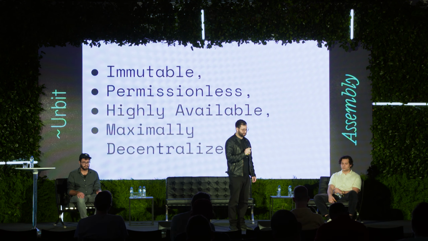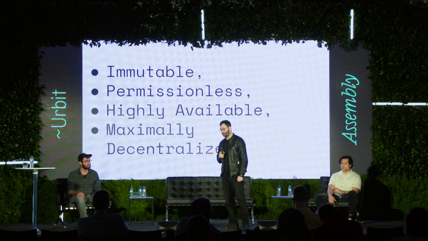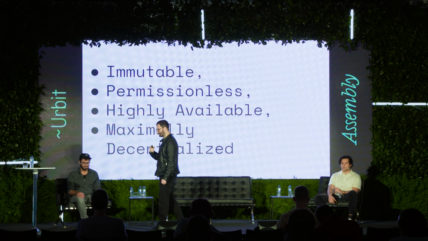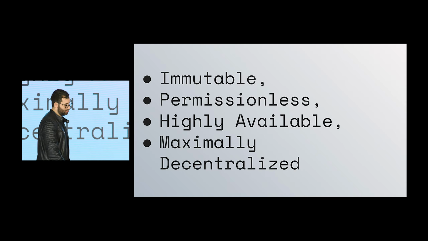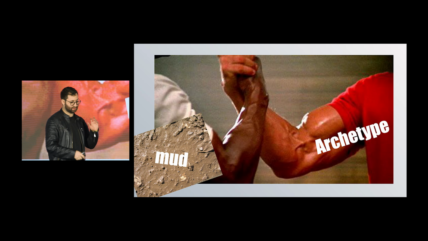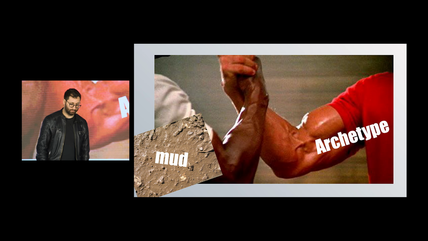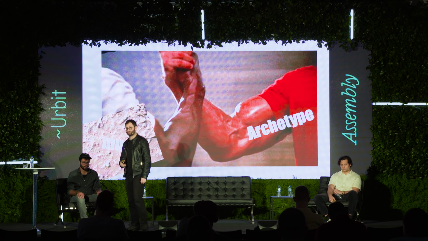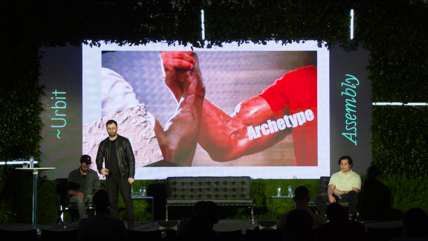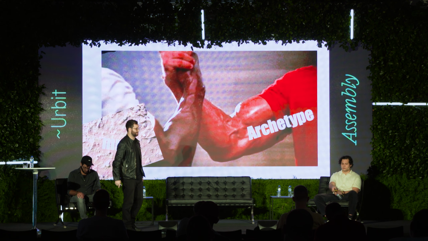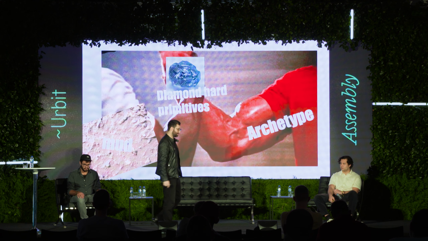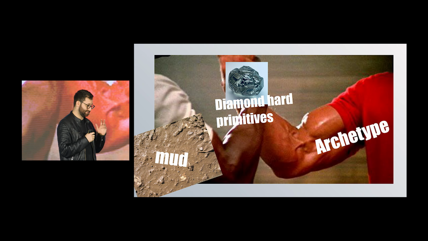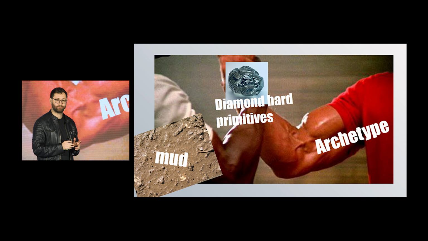And so we keep these properties in mind, and we're building this infrastructure, and on top of it there are a lot of other interesting things that we can do. We're going to take the ball of mud that comes from this over-reliance, perhaps this exuberance in the JavaScript ecosystem, of going too far with package management, and we're going to harden it and pack it in and make these diamond-hard primitives, right?